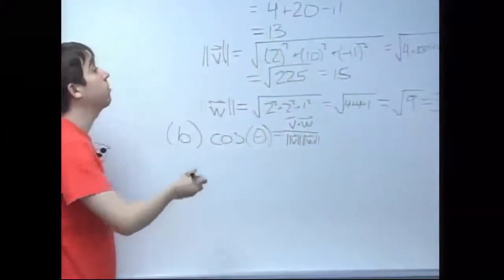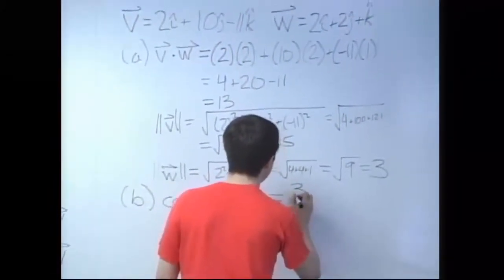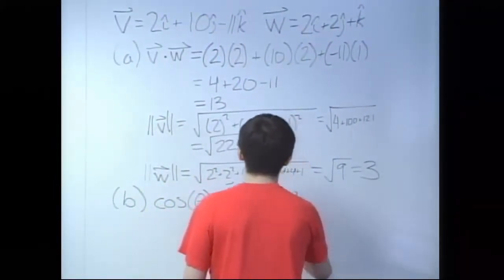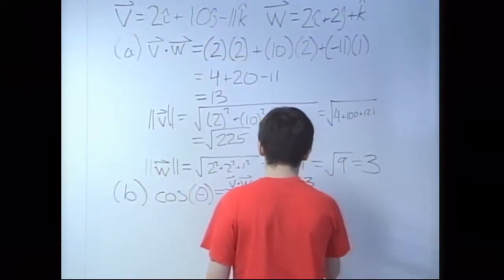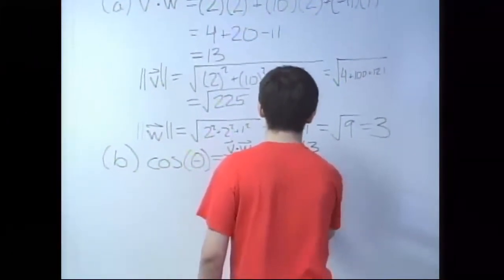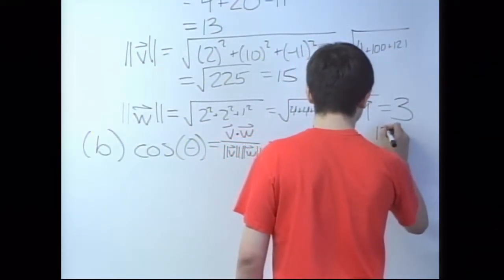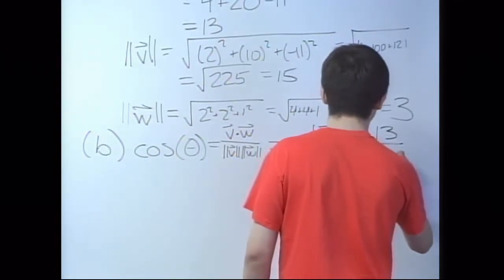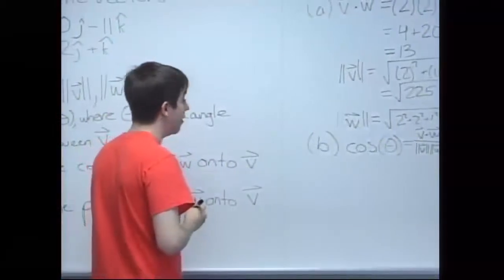If you plug in the values that we just obtained, doing the bottom first, 13 over 15 times 3, which is equal to 13 over 45.